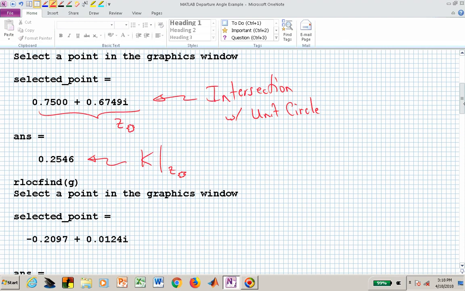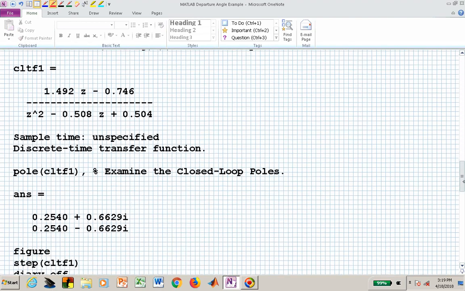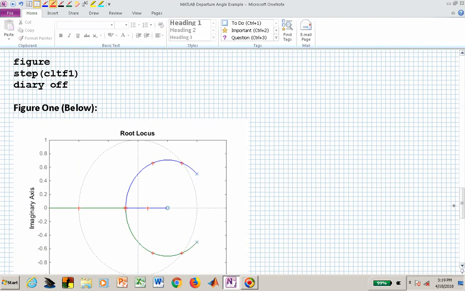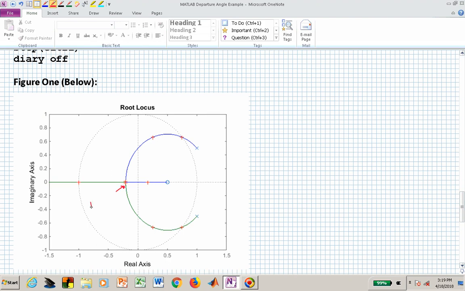Then I went ahead and clicked on a different location of crosshairs, and in this case, if we look at what happens at -0.2 on our root locus, here is now -0.2 in the z-plane, and this is in fact the re-entry point.